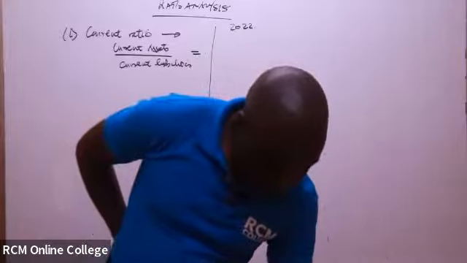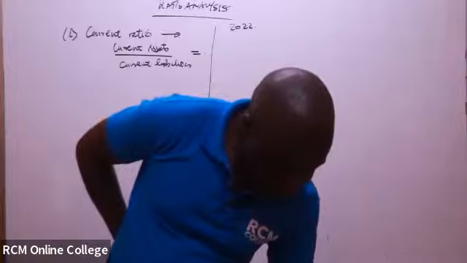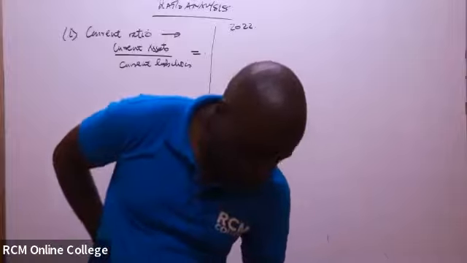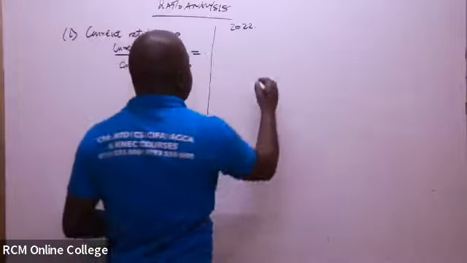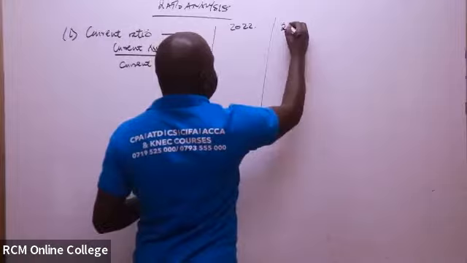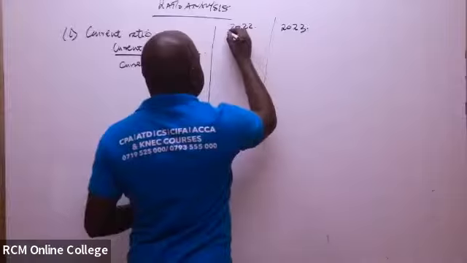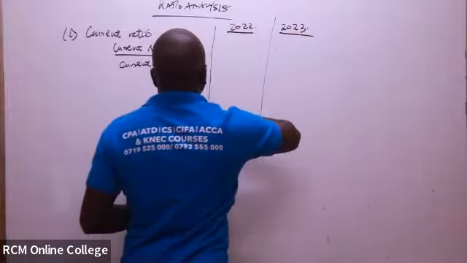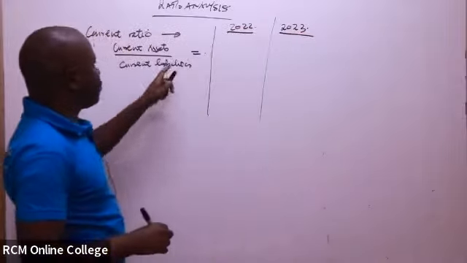You've been told to compute the following ratios for the years ended 30th of 2022 and of course 2023. So what is the value of current assets?